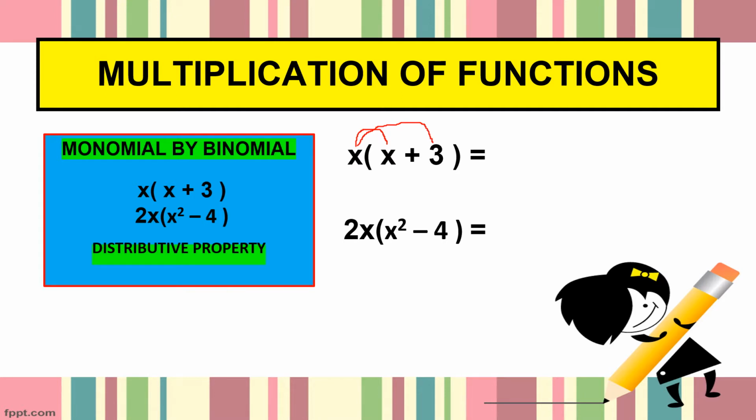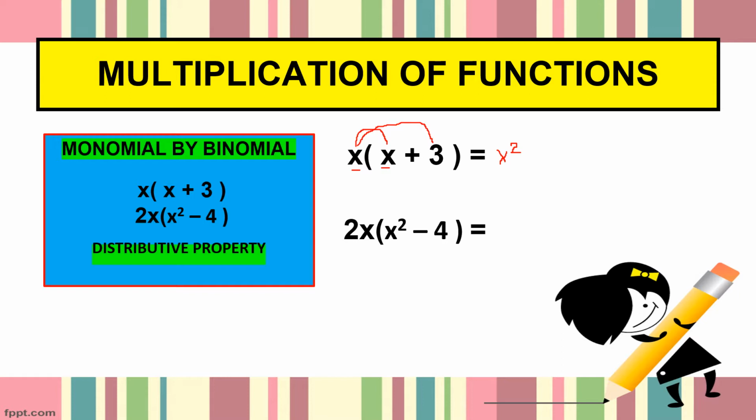So first is x times x, which will give you an answer of x squared. Okay, so how did I get 2 here, or exponent of 2? Remember, if you're multiplying variables, you are adding their exponents.